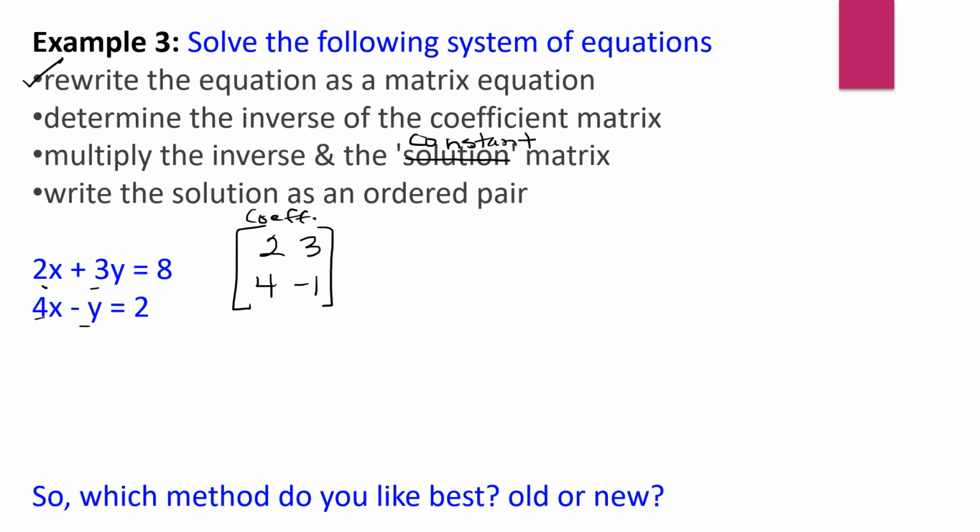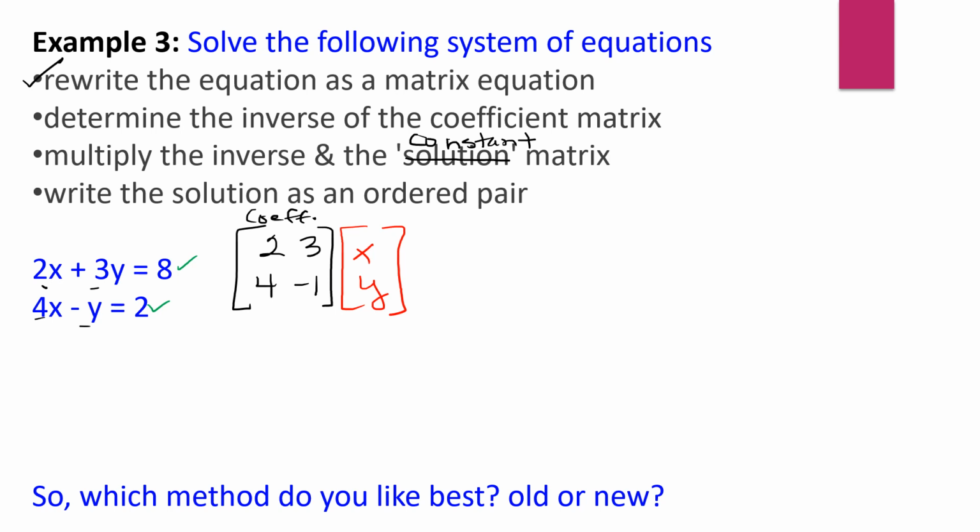I'm going to multiply that by a variable matrix. The variables are x and y. And if you quickly checked, 2, 3 multiplied by x, y, row 1 by column 1 would give me 2x plus 3y, which is that first linear equation, and row 2 by column 1 would give me a 4x and a negative 1y, which is the second.